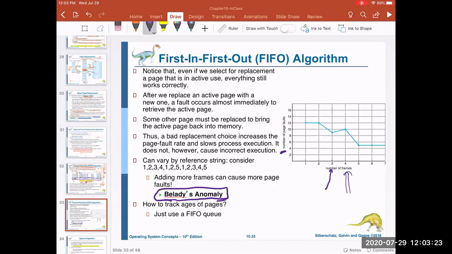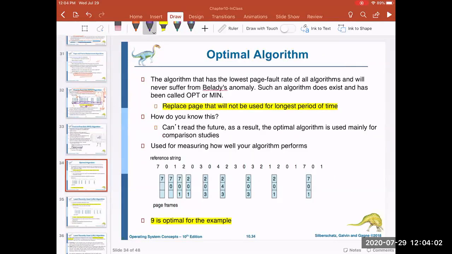If we make the number of frames 4, the page fault number becomes 10, so it basically deteriorates the system. Whenever there is an increase in page faults while increasing the RAM, this problem is called Belady's anomaly. Am I clear on this? Okay, thank you.